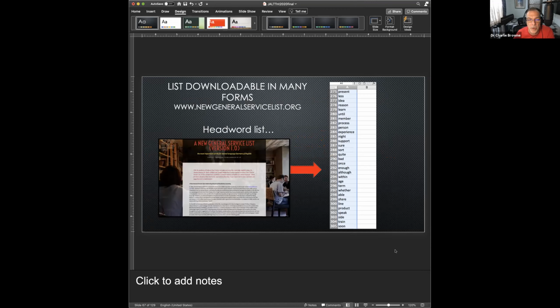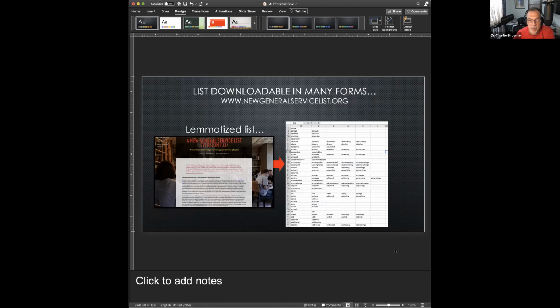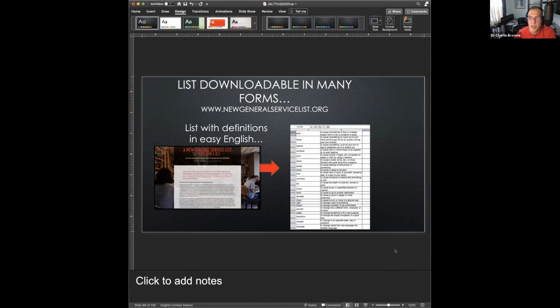You can download each word list in the headword form, which is just the headwords. You can download in what's called the modified lexeme format, which is the lemmatized list. We've also taken the time to write out definitions in easy English for every one of the words. Some of the word lists have it in Japanese as well. So you can use those definitions if you like, or you can modify them if you want.